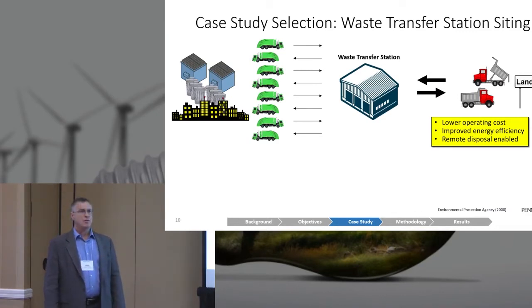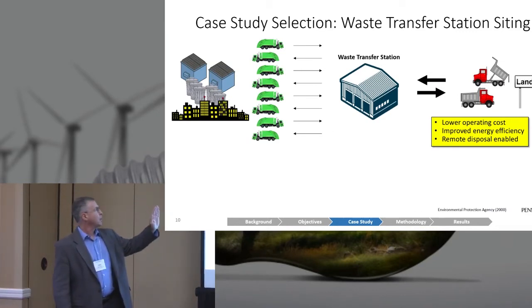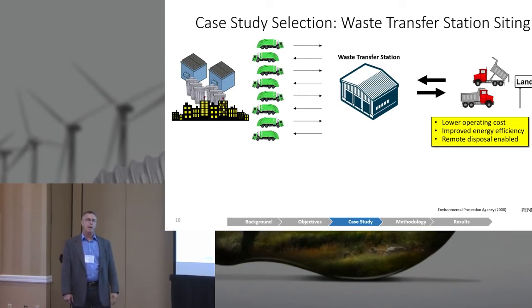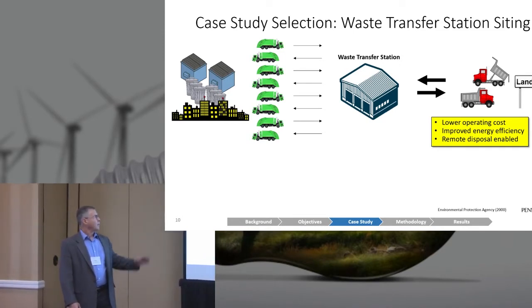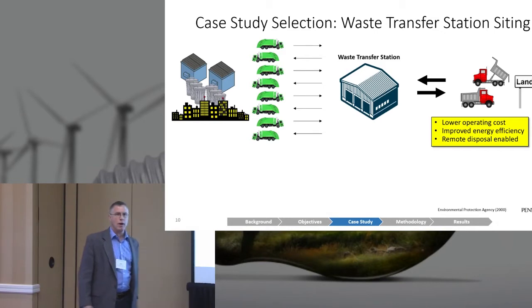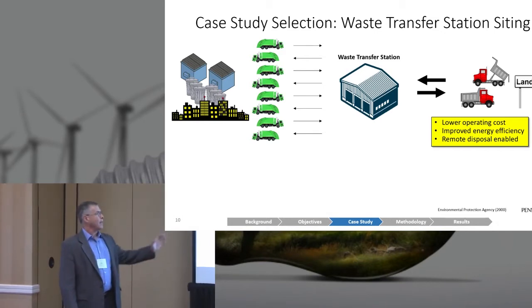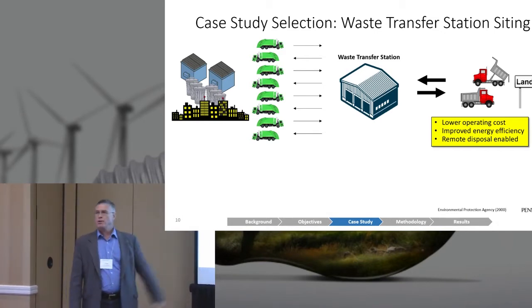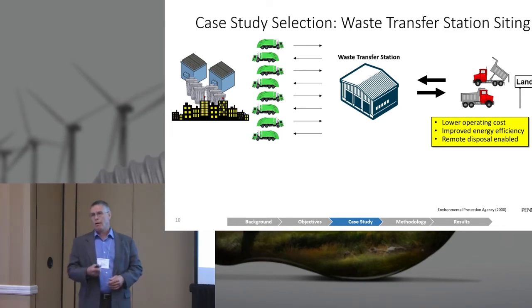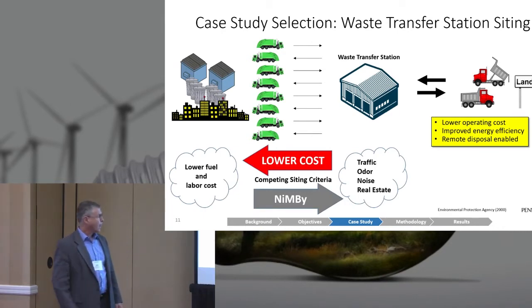Waste transfer station sites are positioned between the source of garbage and a landfill or incinerator, where it might ultimately end up. And the purpose for this is because you want to shorten the travel time of these smaller collection vehicles, and then get this solid waste onto large haul vehicles where it can be moved over roads much more energy efficiently and with lower labor operating costs.